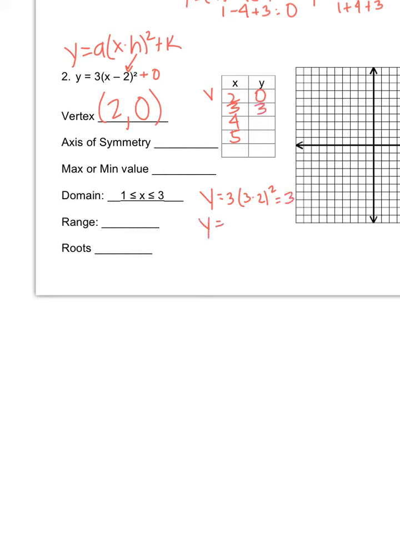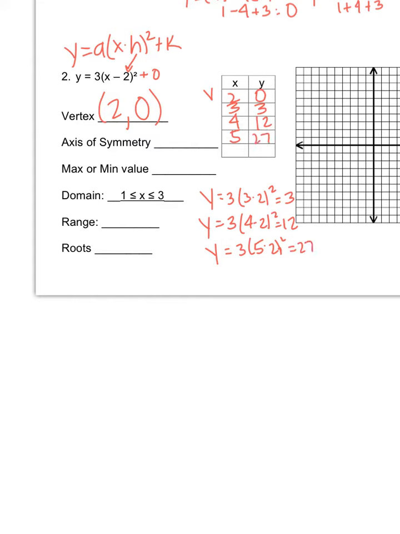Plugging in a 4, it's going to be 2 squared, which is 4, times 3 gives you 12. Since that one's going off, this one will also go off. So that's 27.